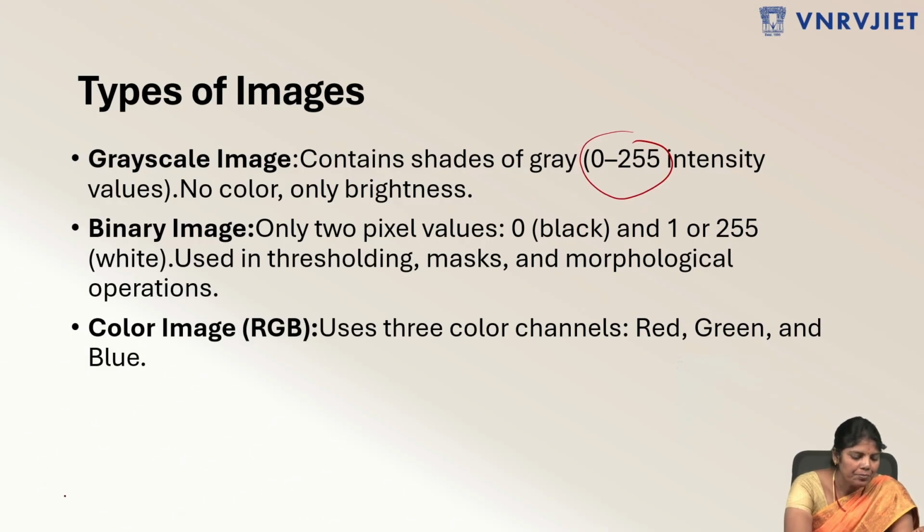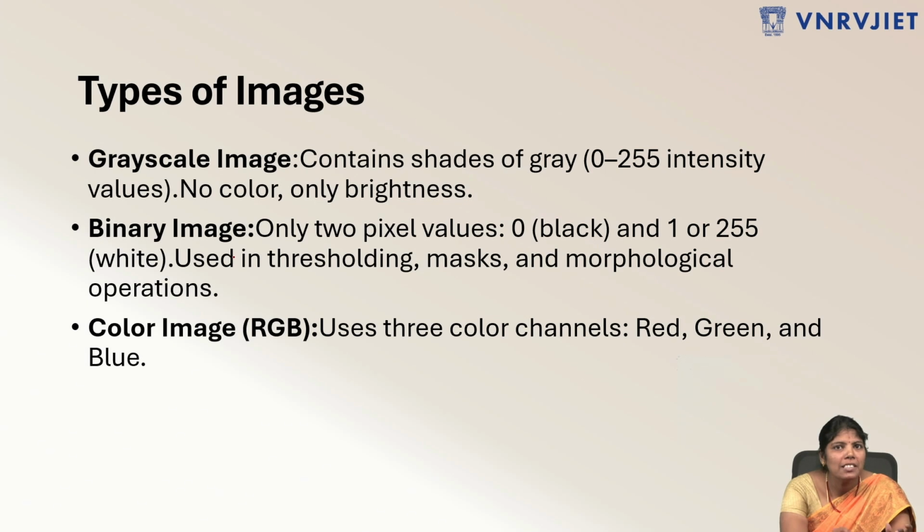A grayscale image contains shades of gray, shades of black and white only. So the values vary only between 0 and 1.